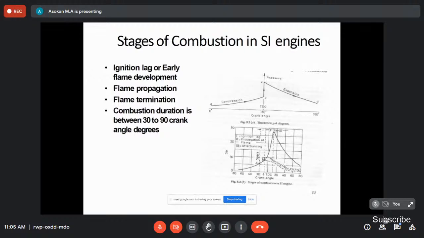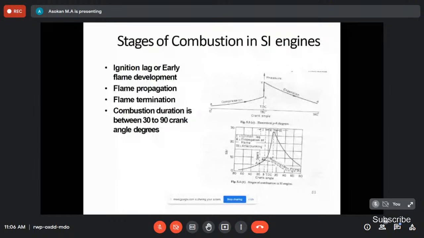Then suddenly the pressure increases because of heat addition. The next stroke is the expansion stroke, and the pressure decreases. At the same time, all the fuel gets burned, and the pressure and temperature decrease. That is the theoretical P-theta diagram.